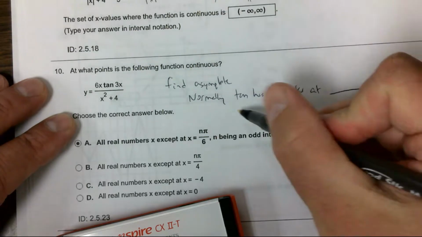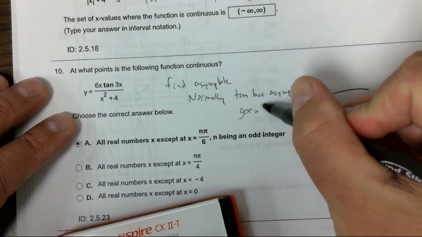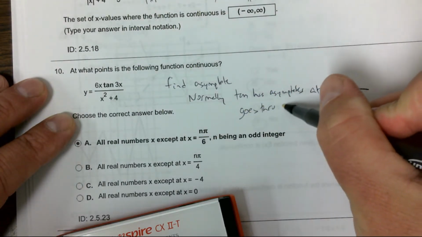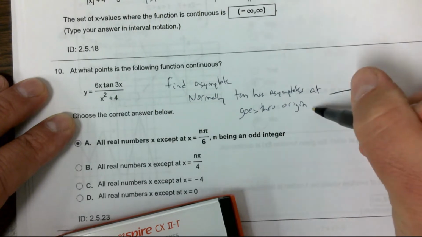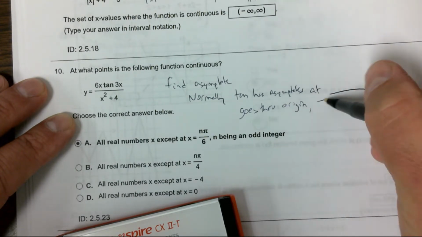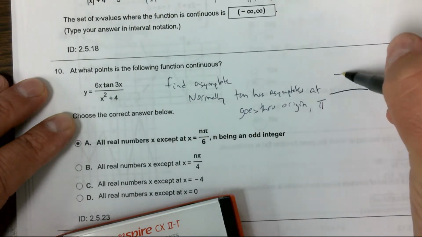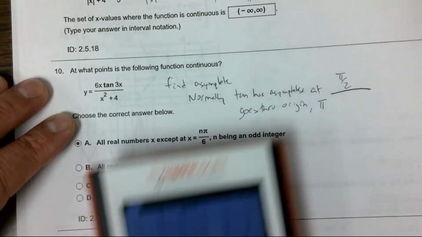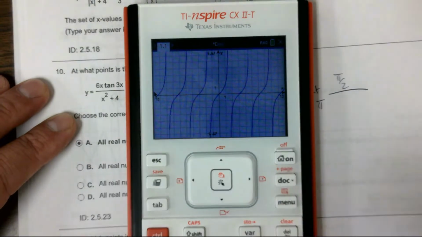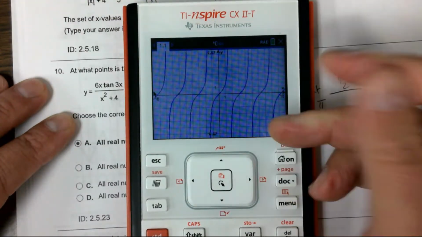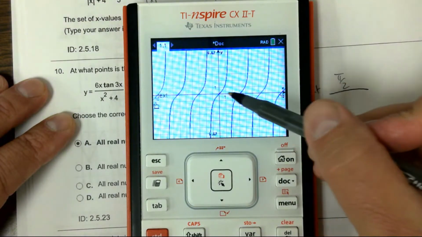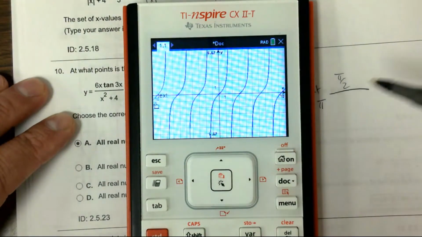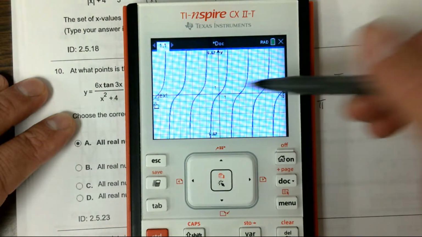Well, it goes through the origin, and so then it must go through pi, so it has asymptotes at pi halves. That's my thought process. Because I know sine and tangent touch the origin, and so you can't have asymptote at the origin. It'd be right there.